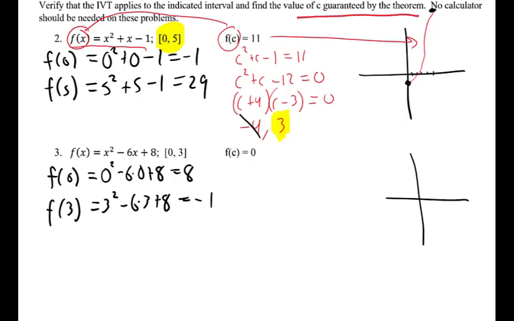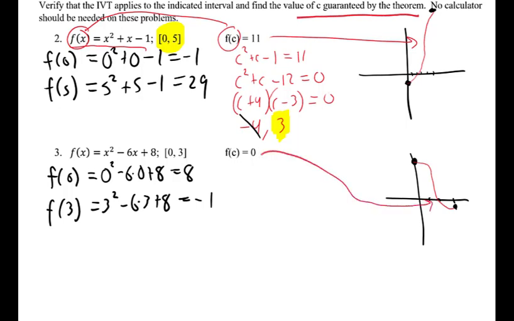For this x value, you have a y value of 8, and for this x value, you have a y value of -1. And again, polynomial, always continuous, no holes, no jump discontinuities, no infinite discontinuities. So I don't know what it looks like, but IVT guarantees that I hit all these y values at least once.